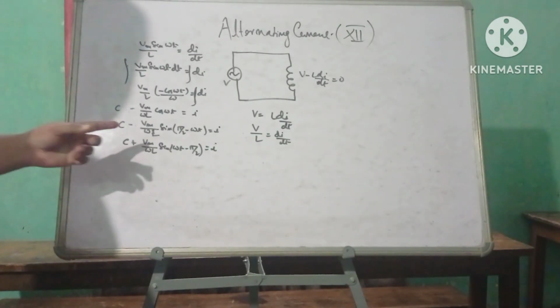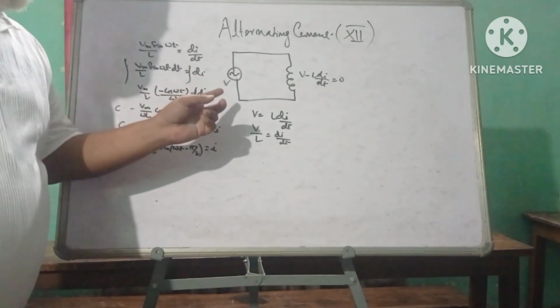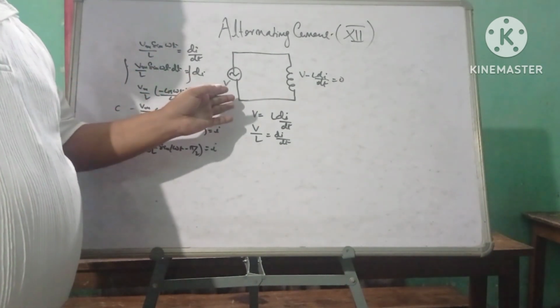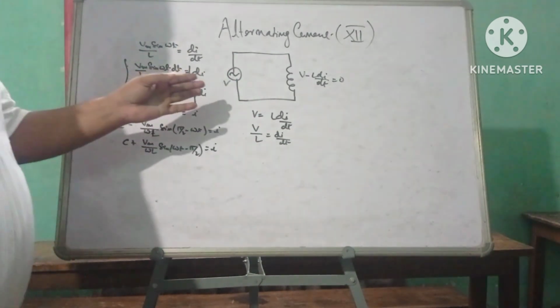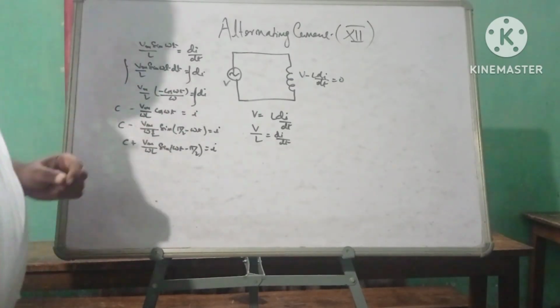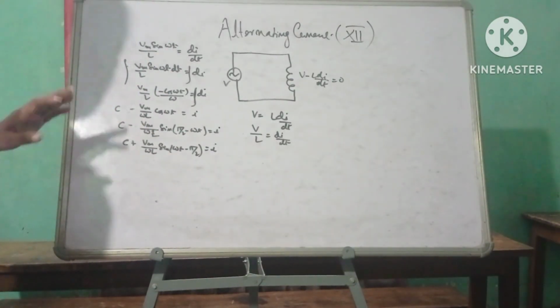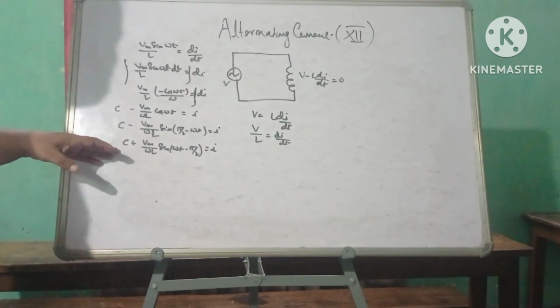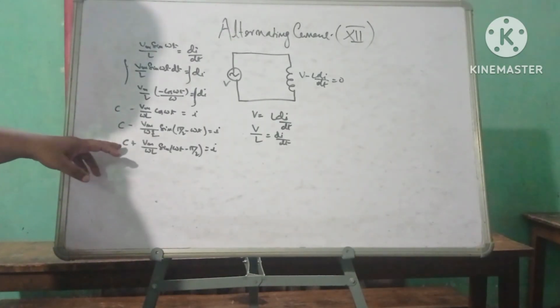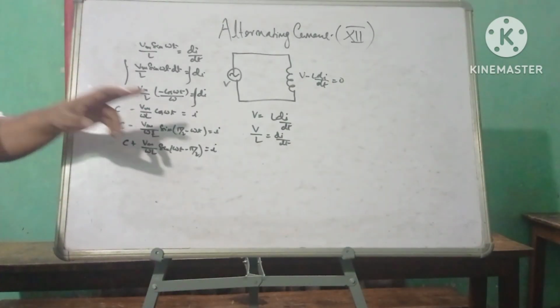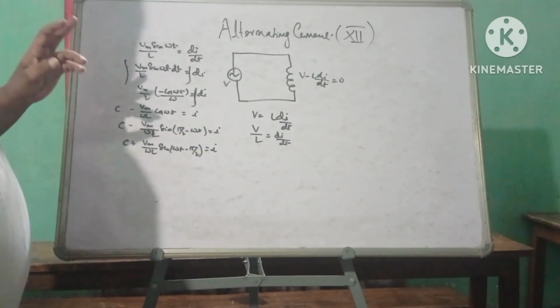But we see that V is equal to Vm sine omega t, so V is oscillating. I is equal to Im sine omega t, that is also oscillating. So there cannot be a quantity which is independent of time, because I is oscillating and V is oscillating.